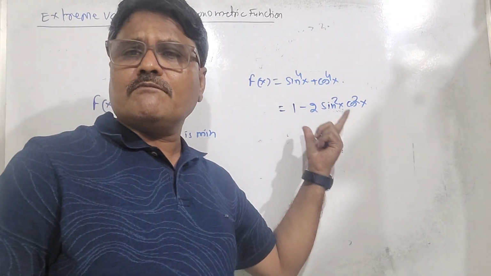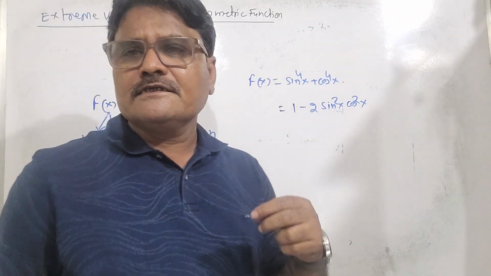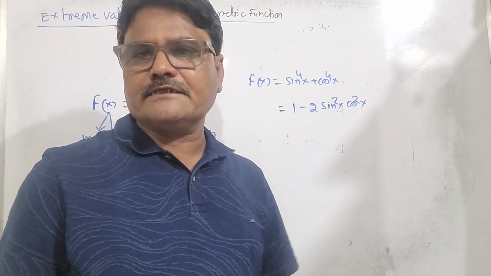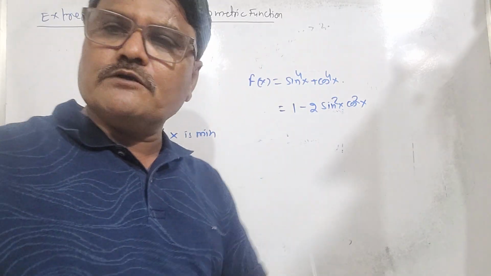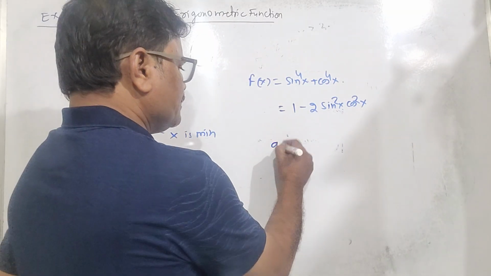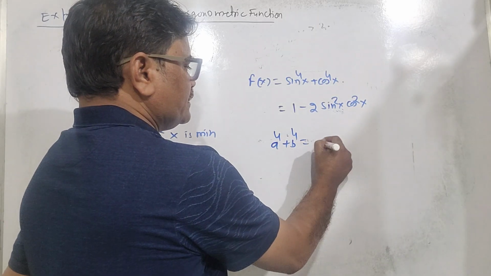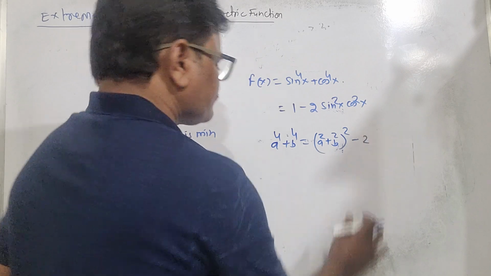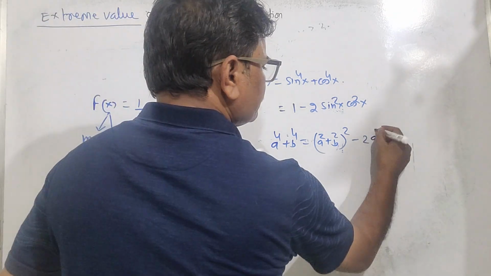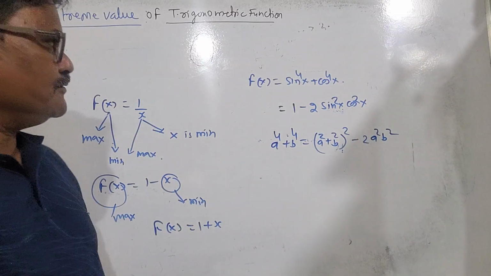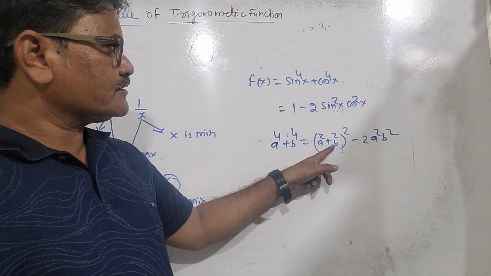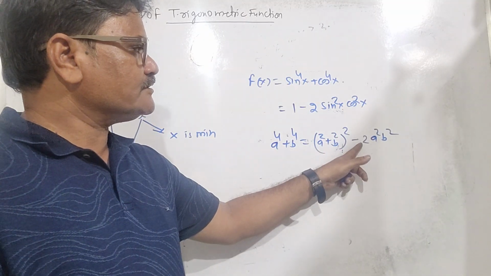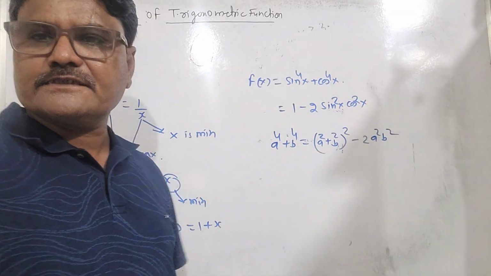This can be proved by using algebraic identities: a^4 plus b^4 can be written as (a square plus b square) whole square minus 2a square b square. So (sin square x plus cos square x) whole square means 1 square, minus 2 sin square x cos square x, like that.